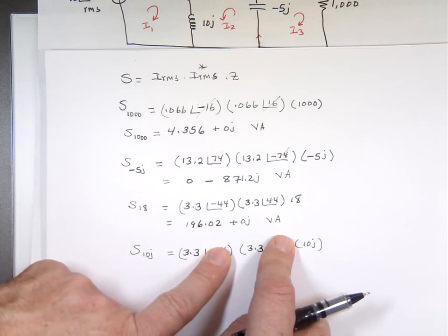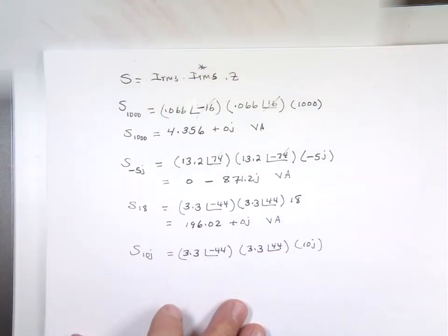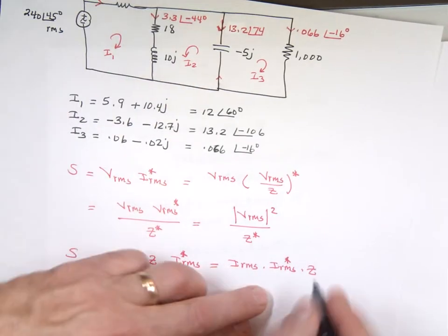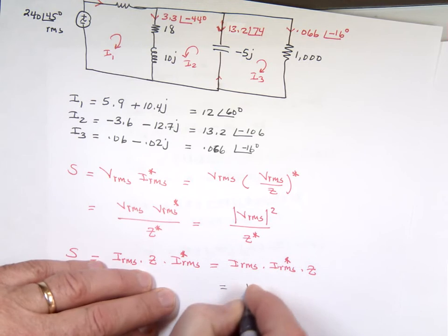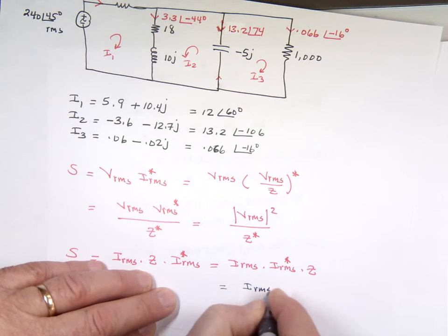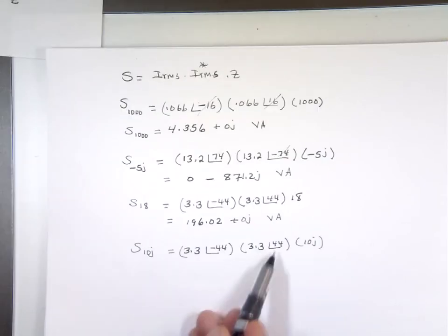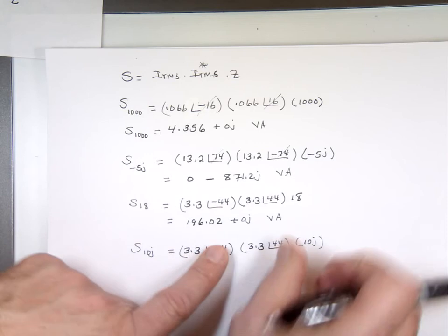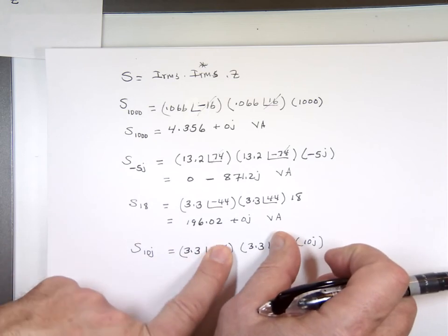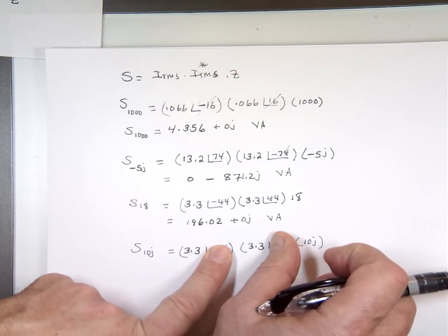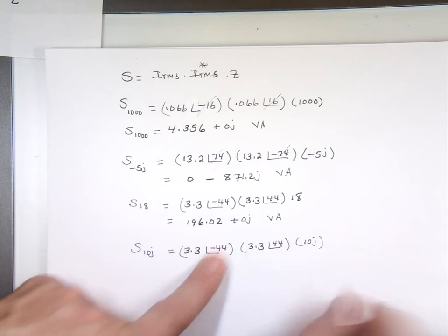A lot of times when you look at that equation, you might see it written as IRMS, the magnitude of that squared, times Z. Because that's what will happen when you multiply: the 44 and negative 44 will cancel each other out. You end up with 3.3 times 3.3, which is 3.3 squared, times the 10J.